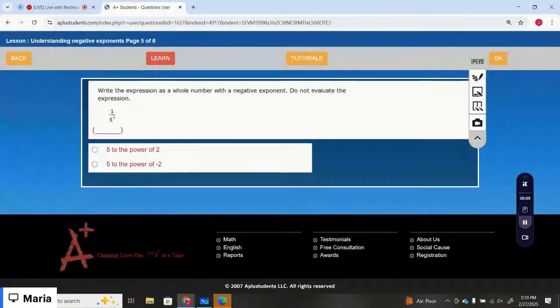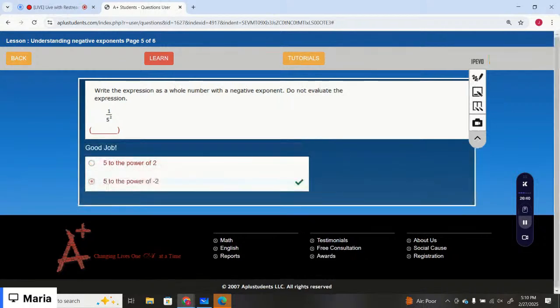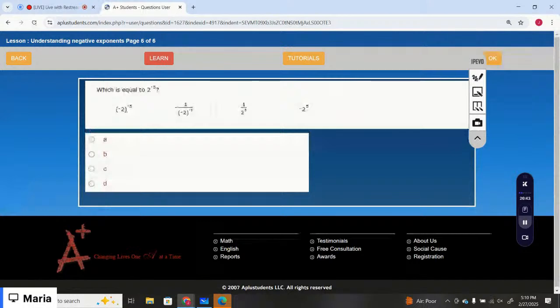Write the expression as a whole number with a negative exponent. Do not evaluate the expression. That is 1 divided by 5 square. That is 5 to the power of negative 2. Option 2 is the correct option.